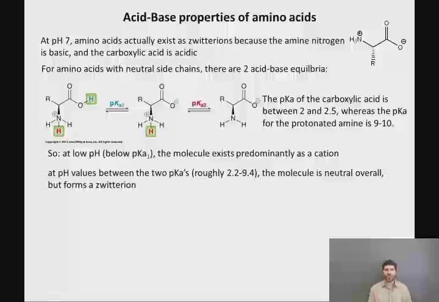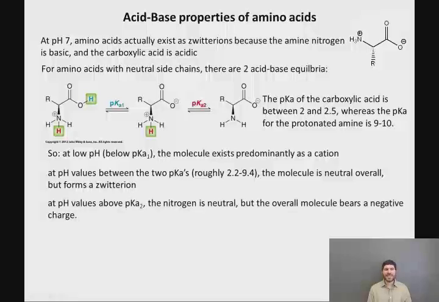We have a positive charge on the nitrogen and a negative charge on the carboxylate oxygen. And then at pH values above pKa 2, the nitrogen is neutral, but the overall molecule still bears a negative charge because of the minus charge on the carboxylate oxygen.